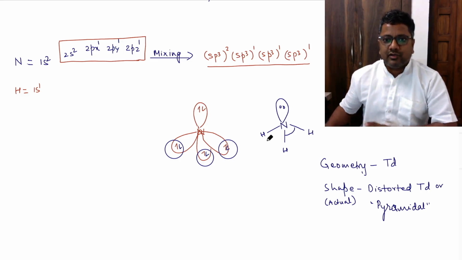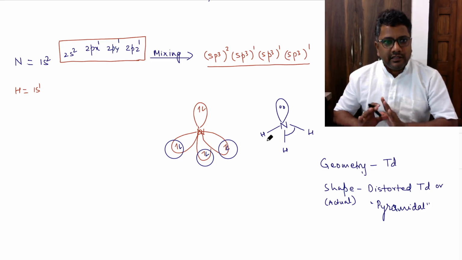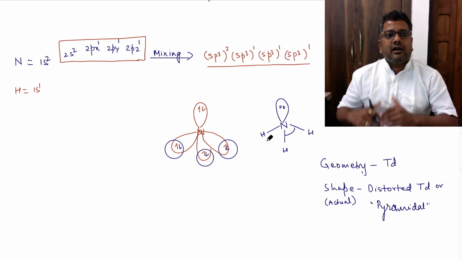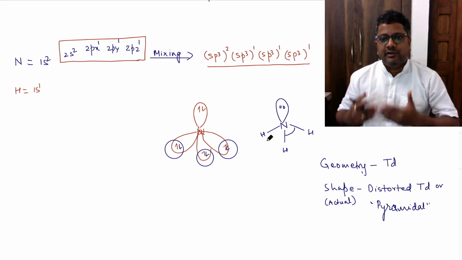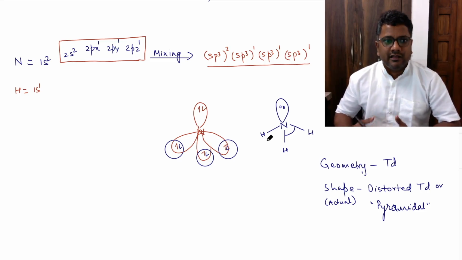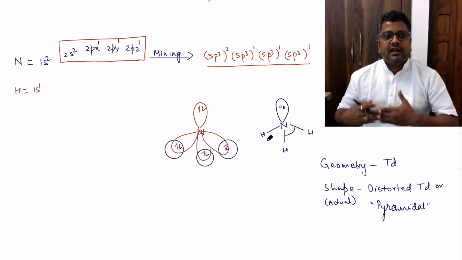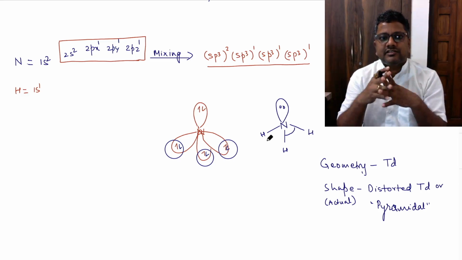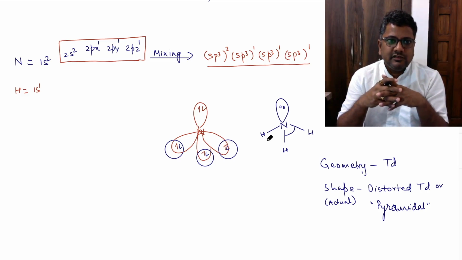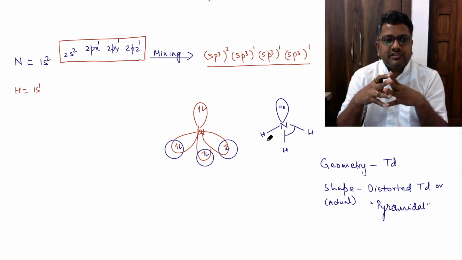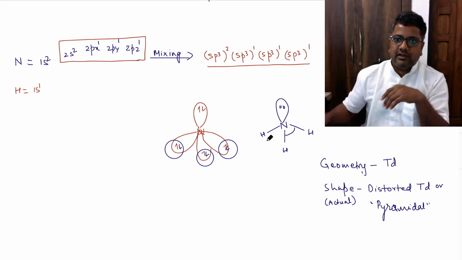Here we can put a note that if the central atom has lone pair of electron or electrons, then the geometry and shape of the molecule is not regular, right? And there is some extent of distortion due to different types of repulsions present in the molecule, right? So this is the explanation of the formation of ammonia.